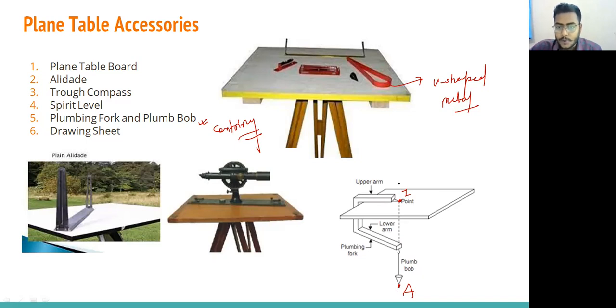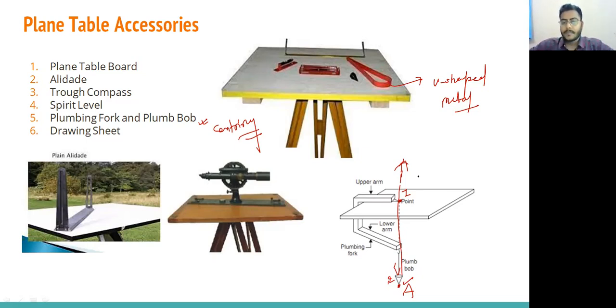Point 2 of the plumb bob and point 1 should be in a straight line, in a single line.